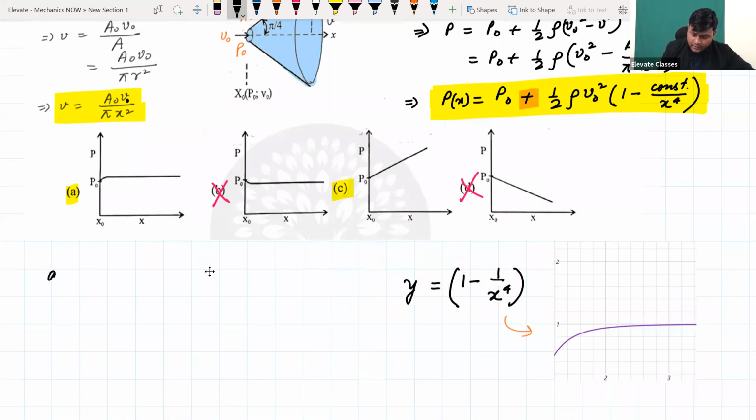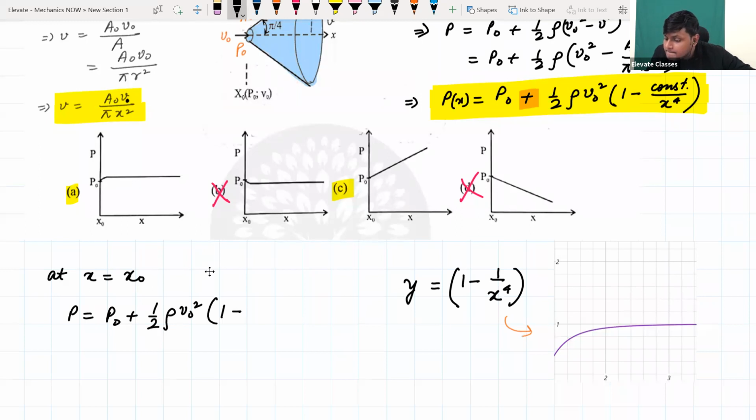But you can check whether or not this is true. For example, at x is equal to x naught, if I substitute in this equation, I'll get p is equal to p naught plus half rho v naught square times 1 minus, with a naught equal to pi x naught square, pi square x naught to the power 4 upon pi square x naught to the power 4.